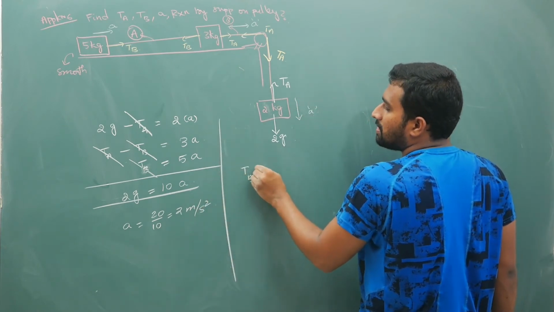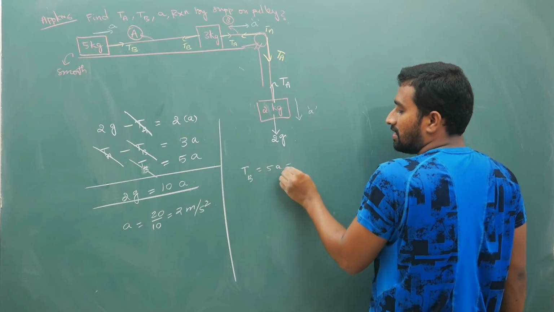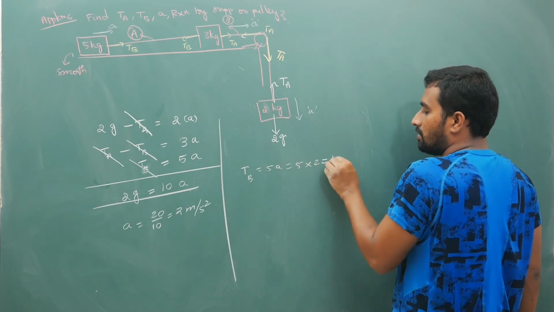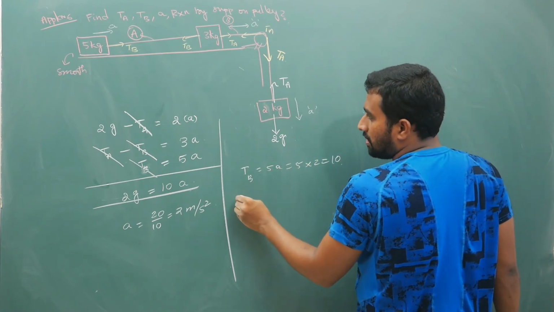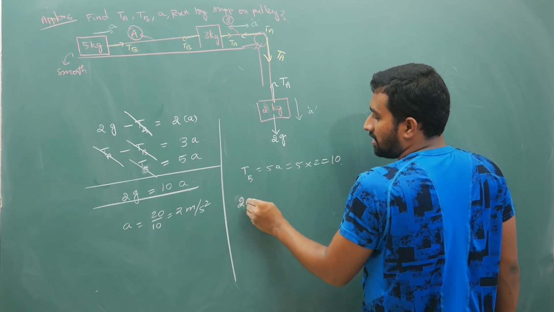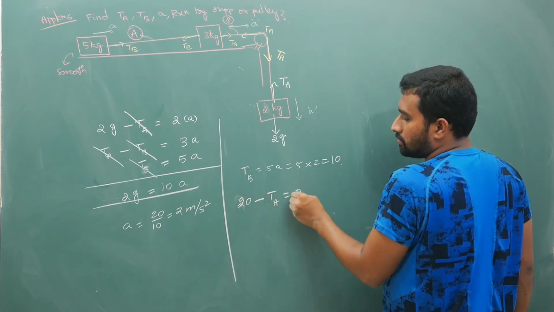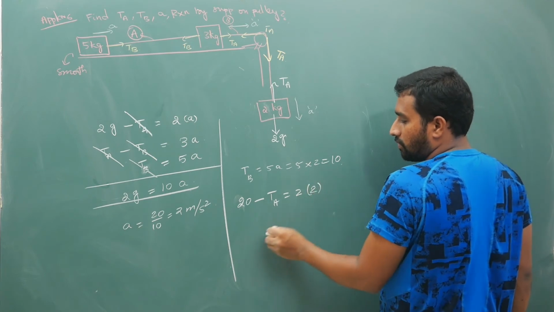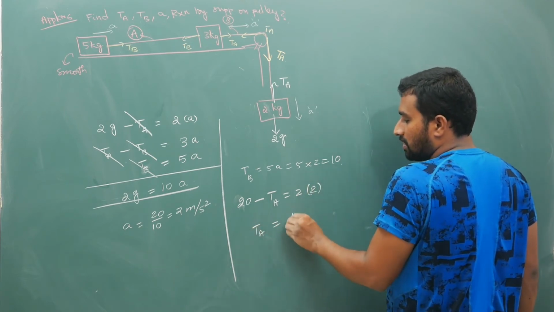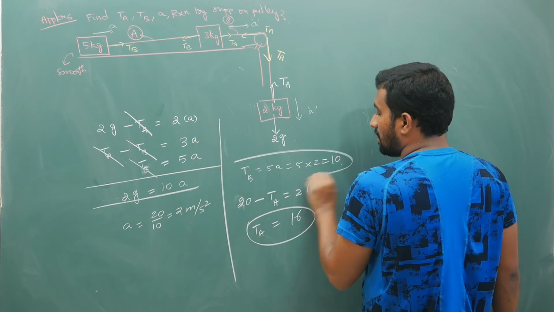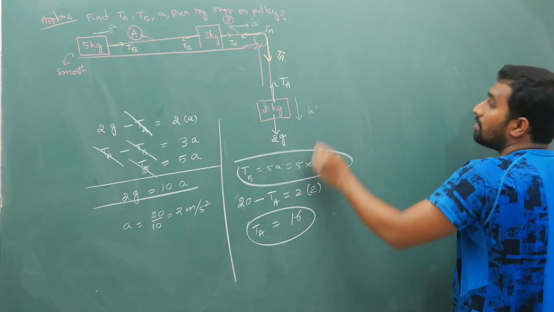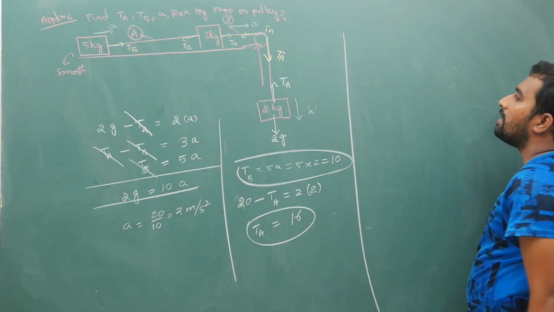Your tension TB is how much? 5A, that is equal to 5 into 2, 10. Your 20 minus TA is equal to 2 times A, that is equal to 4. So TA is equal to 20 minus 4, 16. Okay, from these FBD equations I am writing. So I have calculated TA, TB and A.